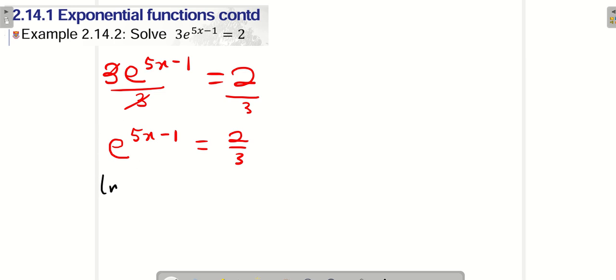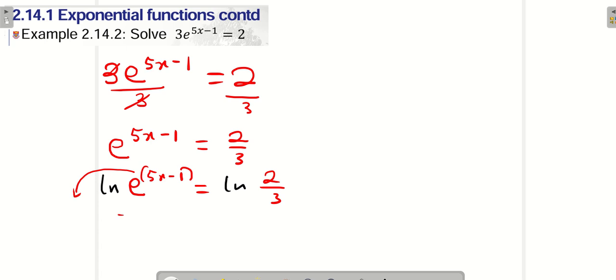So I'll have ln e to the power 5x minus 1 should be equal to ln 2 on 3. So I've taken the natural logarithm of both sides. Then I have, using the rules, the 5x minus 1 will come and multiply. We will bring it here.